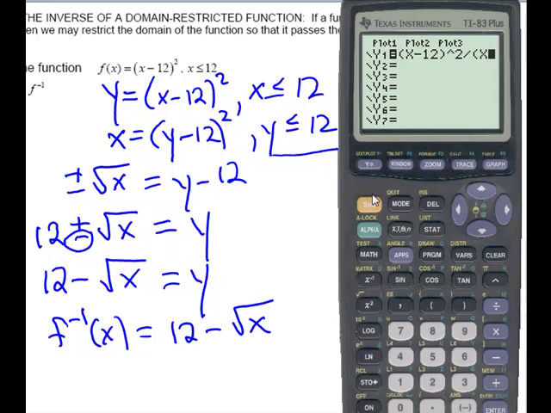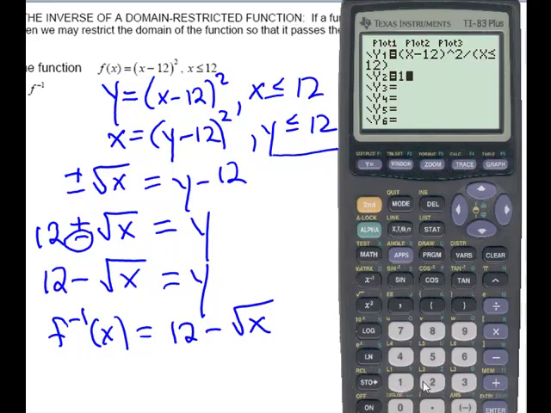So I have x. I want to get under my test menu. Less than or equal to, which will be number 6. 12. Close that parentheses. And we'll go ahead and put the next one.